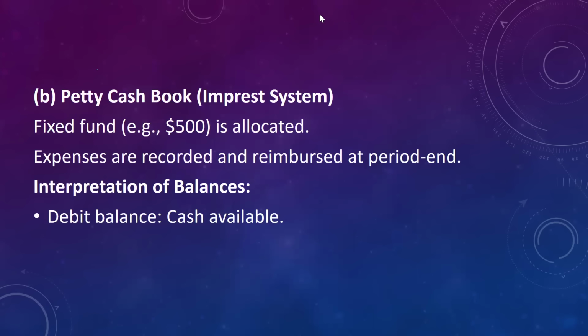Somebody will be given the $500 to hold, most likely the petty cash officer. And every time a small transaction is needed, you'll use money from that $500. At the start of the following month, that 500 will be replenished. So if you had spent 400 in the previous month, at the start of the next month, you'll get back that 400 to bring it back to your original amount. And then they use from the money again.